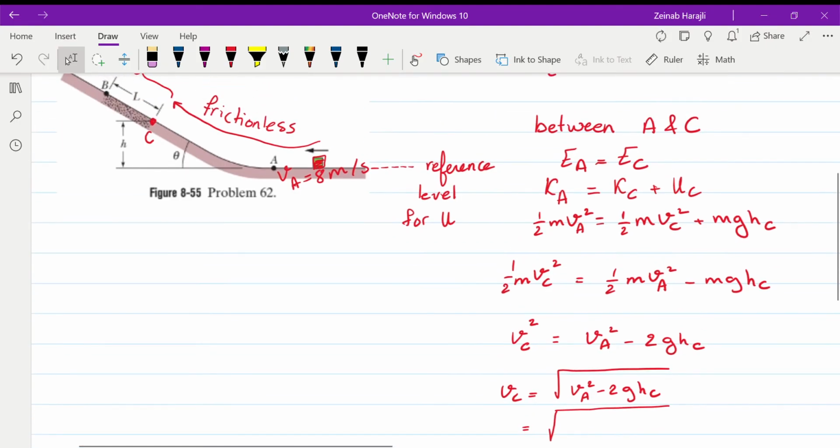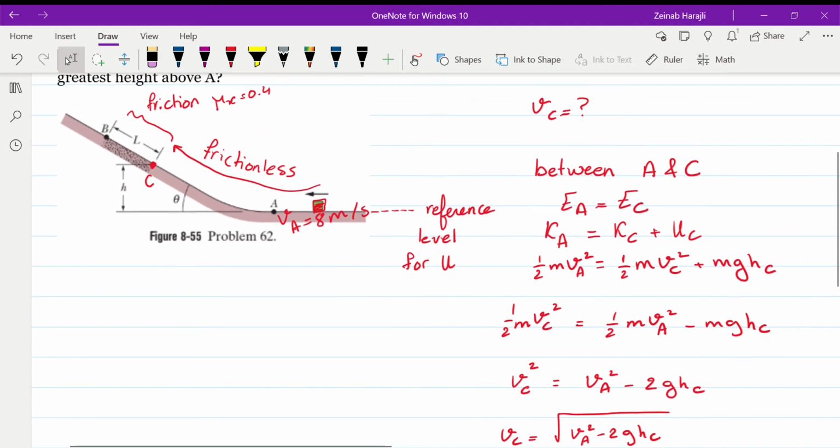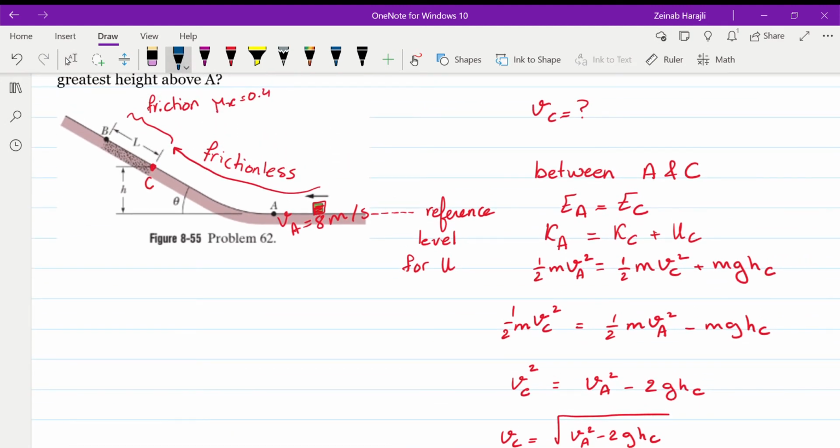So we know that the speed at A is 8, g is 9.8, and the height at C is 2 meters, as you must have noticed in the given. So if we solve this, this is going to give us a speed of 5 meters per second at point C. So now we have found the speed at this point here.